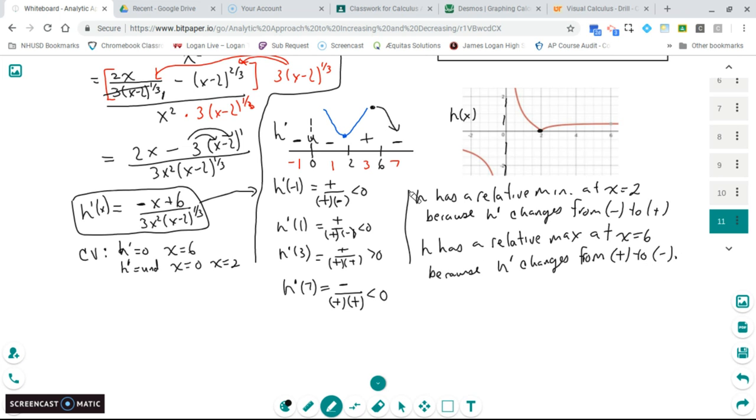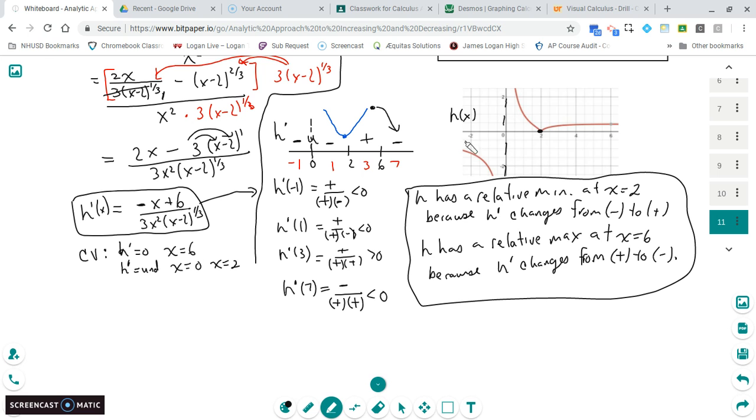Okay, so this answers the question. And you would not have gotten that from the graph without really studying it closely. Most students would say, oh yeah, for sure, look at that. There's a relative min right there. That's easy. But you might have missed the 6, because notice it looks like it's kind of just slowly increasing.